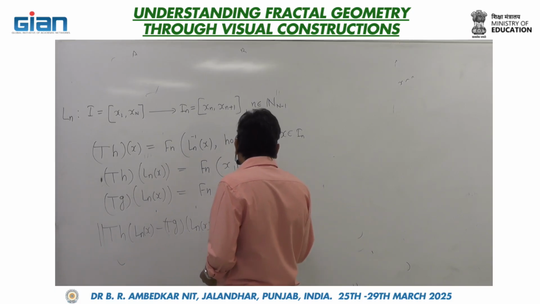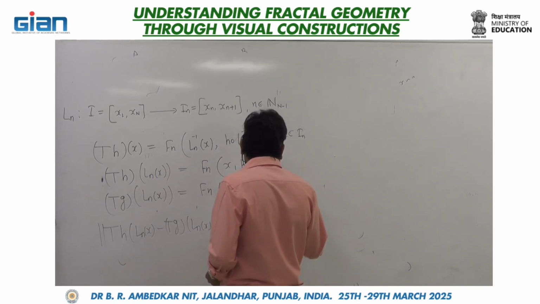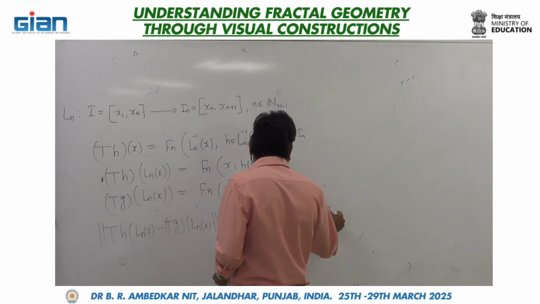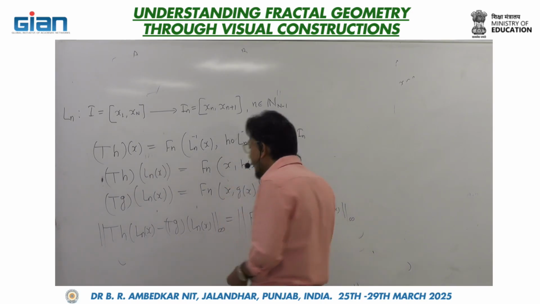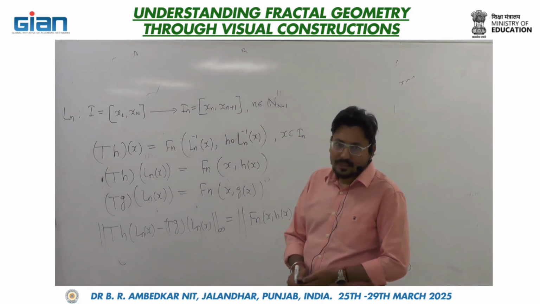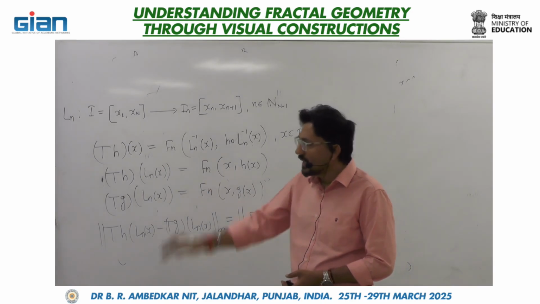fn of x comma h of x minus fn of x comma g of x. But you said that fn is a contraction in the second argument in the previous slide.